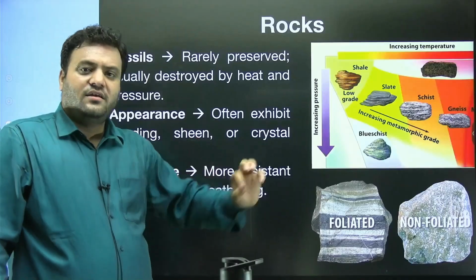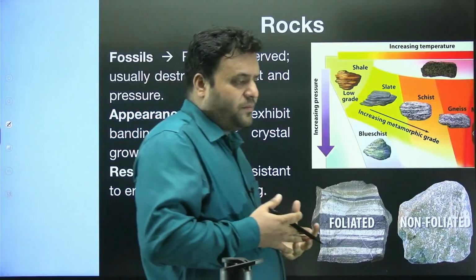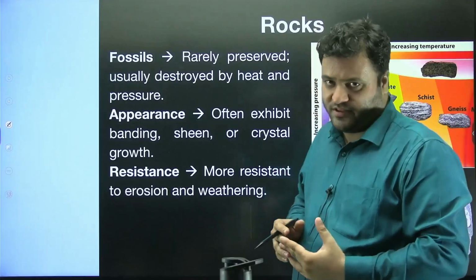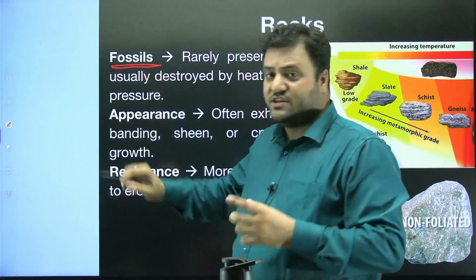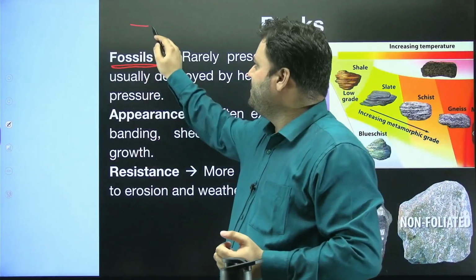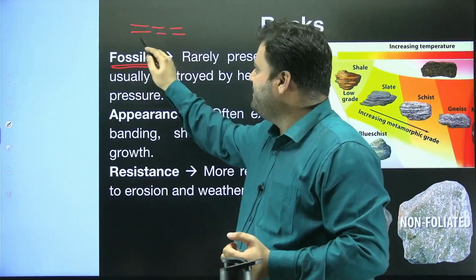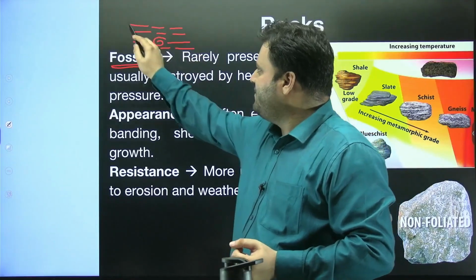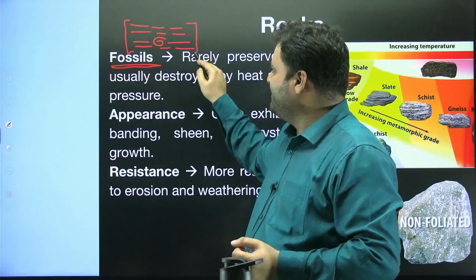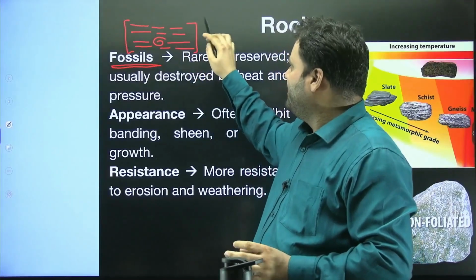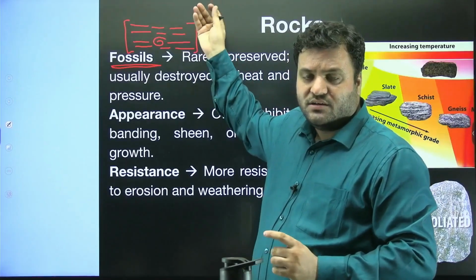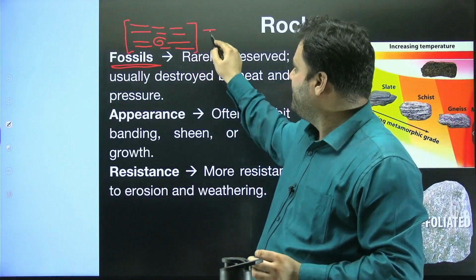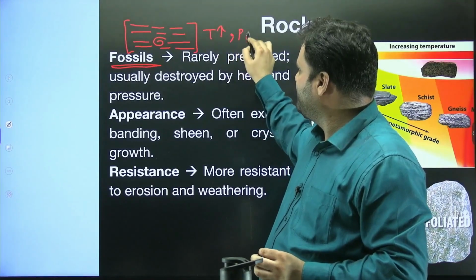Moving ahead, if you see the remains of fossils, here remains of fossils are not found. Why? Suppose there is a sedimentary rock with a layered arrangement, and in these layers there is compaction, layering, cementation, lithification, temperature and pressure.